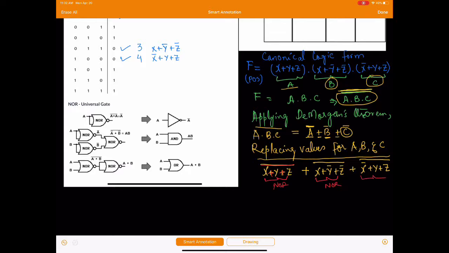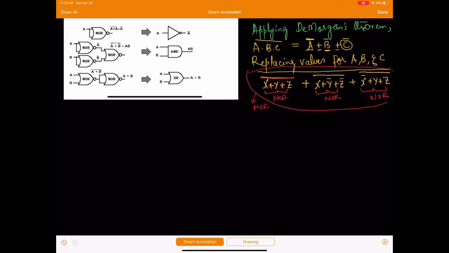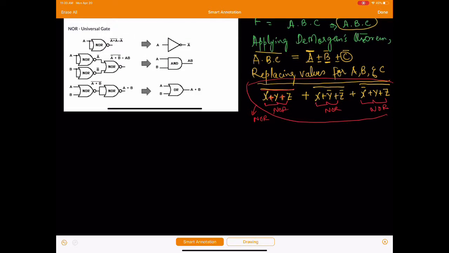This makes another NOR gate right here, and this whole thing right here makes another NOR gate, correct? So in other words, what I could do here, I can have 3 NOR gates, NOR 1, NOR 2, and NOR 3. Let's work on that. So this is going to be my NOR 1.